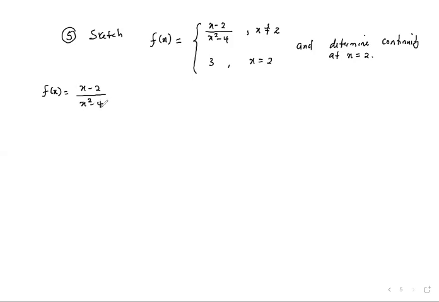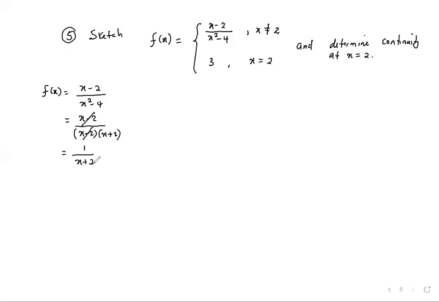If we substitute 2 at this point, this function is not defined. So let's try to simplify it a bit. We put it as x minus 2 over x minus 2 times x plus 2. These can cancel, and so we have 1 over x plus 2.